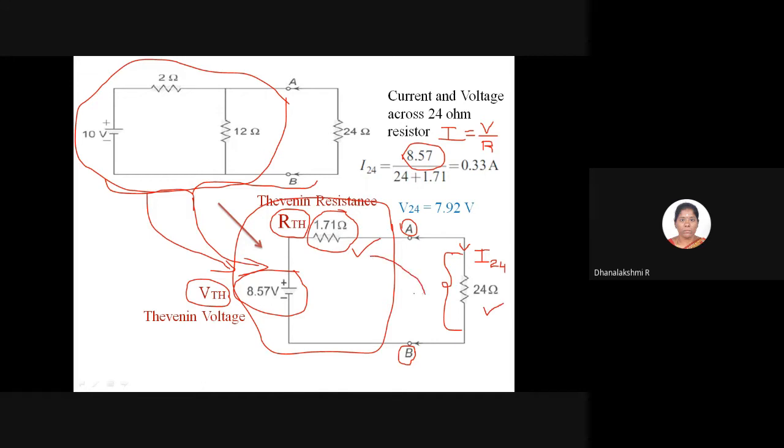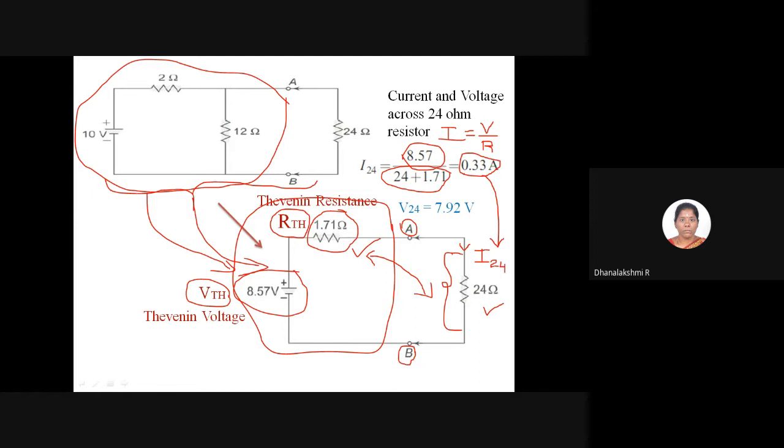When resistances are connected in series, the total resistance is the sum of them. So if you sum 1.71 and 24, you get 25.71. So when you calculate the current, I is V by R, and you get 0.33 ampere. This is the current flowing in the 24 ohm branch, that is I24.